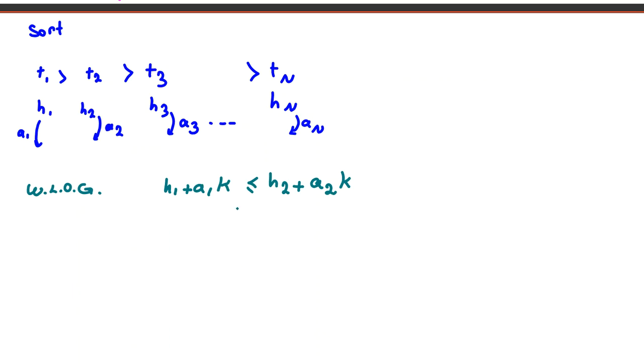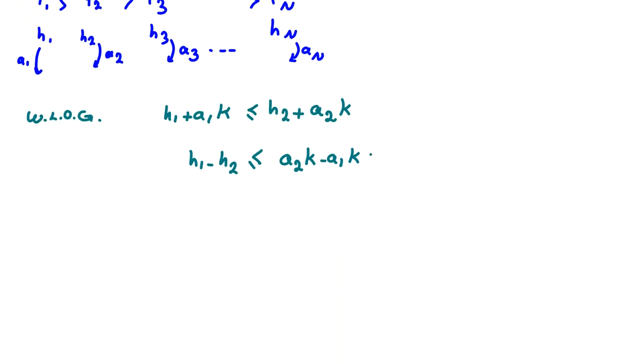Now we subtract A1K from both sides and H2, so it will be A2K minus A1K, and also we subtract H2, H1 minus H2. Now I can write it, sorry, it's strictly less than. Then I factor out K, A2 minus A1. Now it's important whether A2 minus A1 is positive, negative, or 0. First case, if A2 minus A1 is 0, you should check this case.